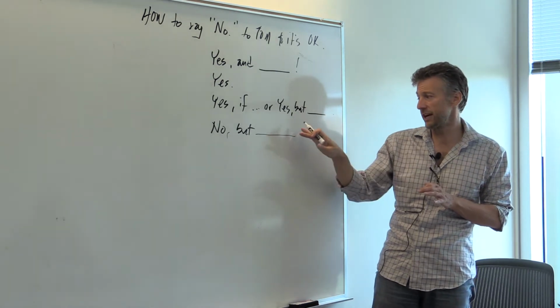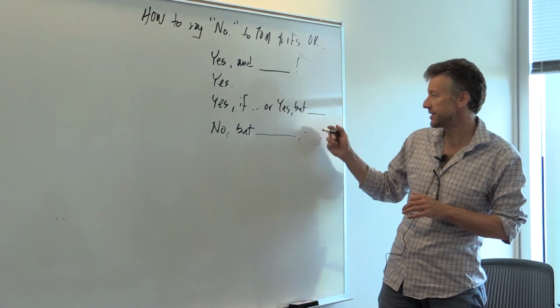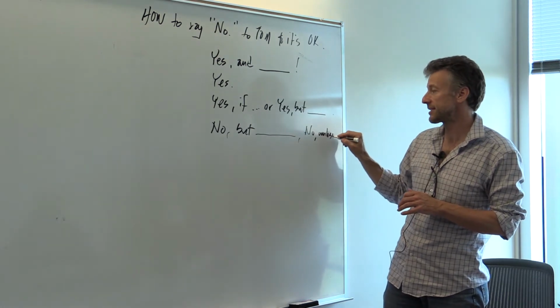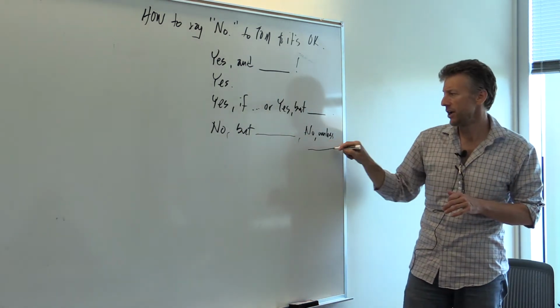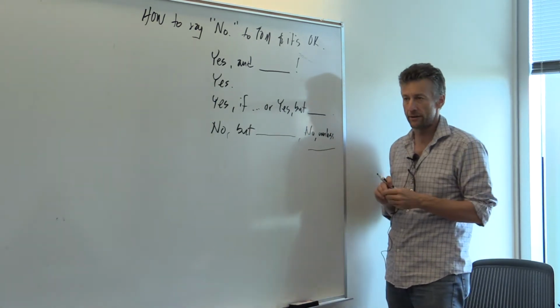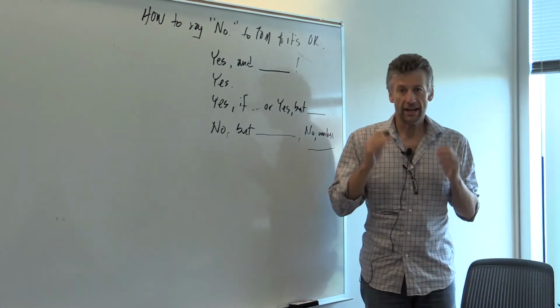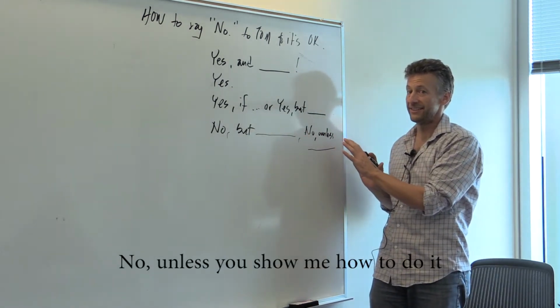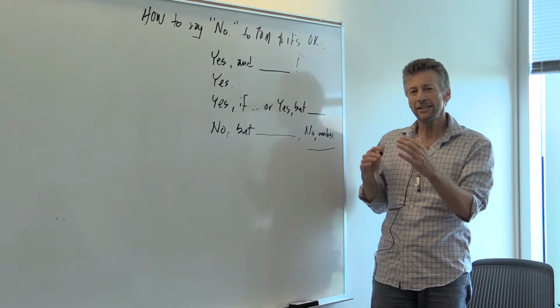So that's a different kind of no. Another one is the conditional no. No, unless, and these are really the same kind of things, but the unless is a little bit more strongly phrased. Emma, will you go make me a cup of coffee? No, unless you show me how to do it. Yeah, that's a little bit more negative.